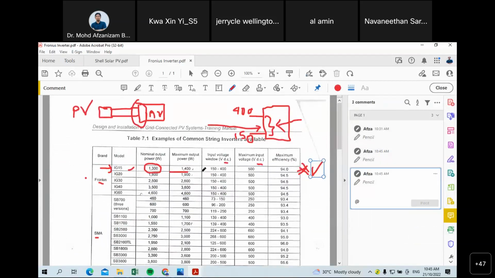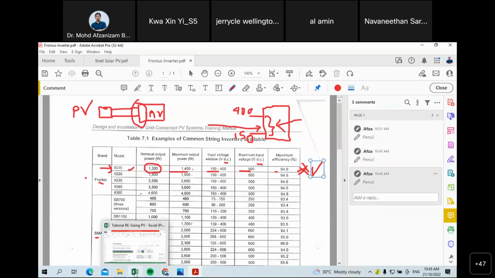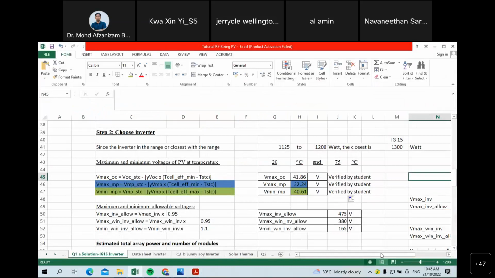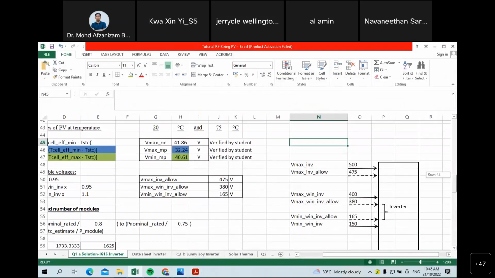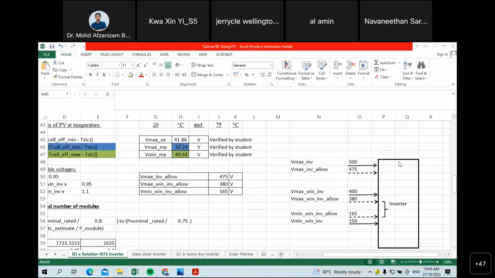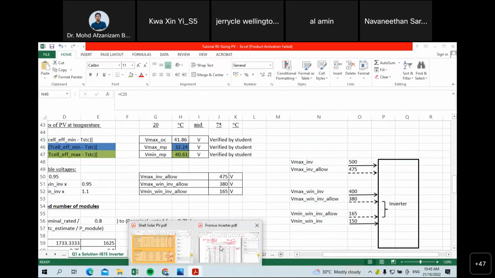Assuming this inverter, the maximum inverter voltage is 500, referring to the data sheet.